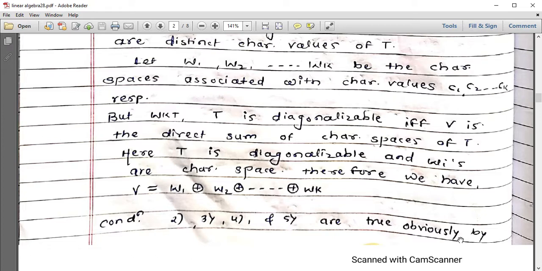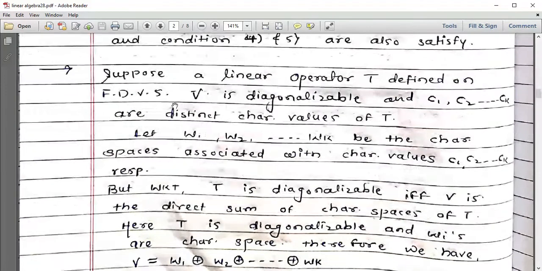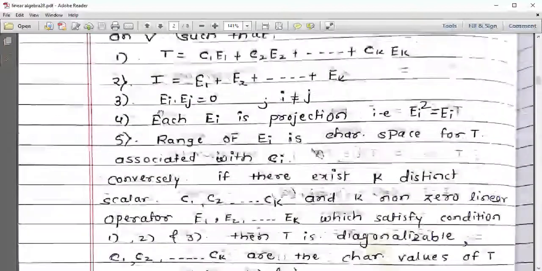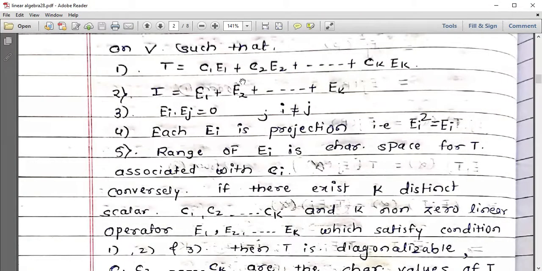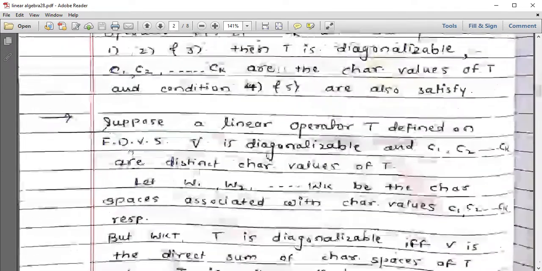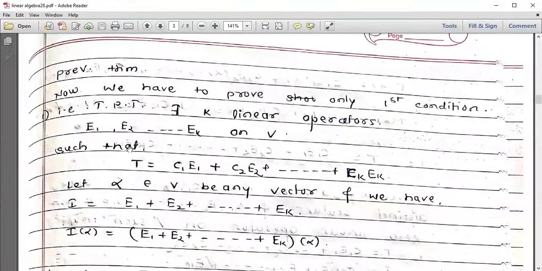We have to prove only the first condition, which is T is equal to c1 E1 plus c2 E2 up to ck Ek. By the previous theorem, conditions two, three, four, and five are true. Now we have to prove only the first condition.